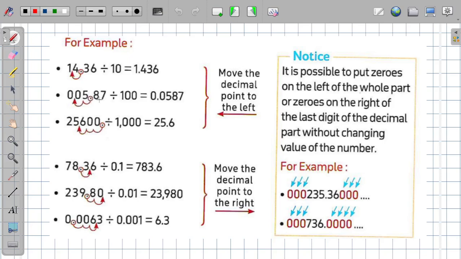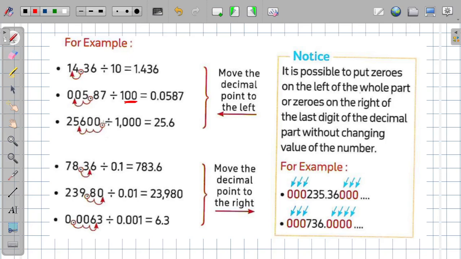If we have 5.87 and I want to divide it by 100, we will add some zeros on the left of the number to move the decimal point to the left. Okay, so we will move the decimal point 2 places because we have 2 zeros to the left. So the result will be 0.0587.